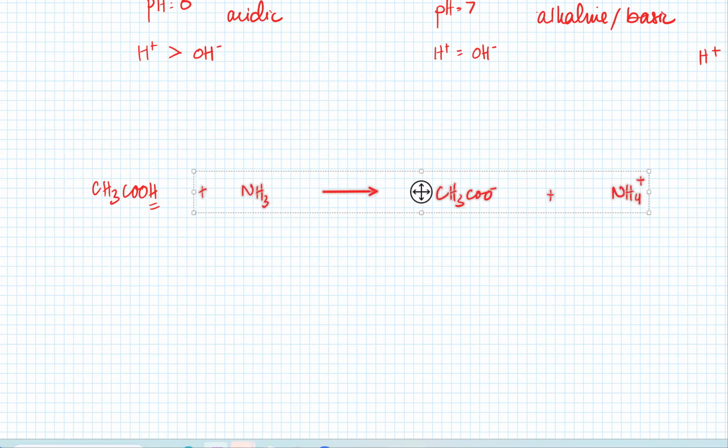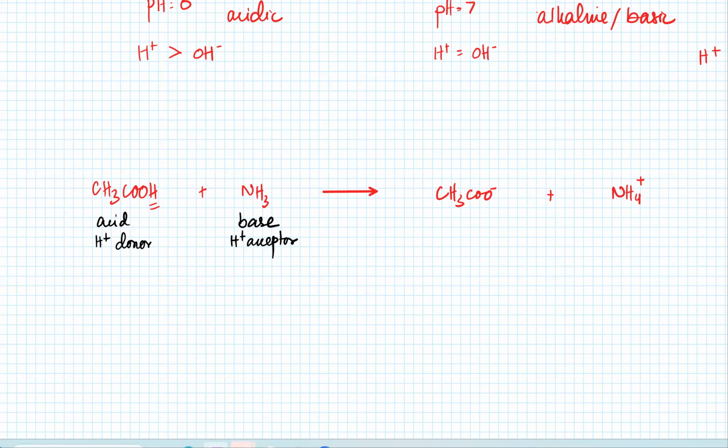So if you look at the equation, this is behaving as an acid. This is behaving as a base. This is the one that is a proton donor, and this is the one that's a proton acceptor. So does the acid donate the proton to the base?